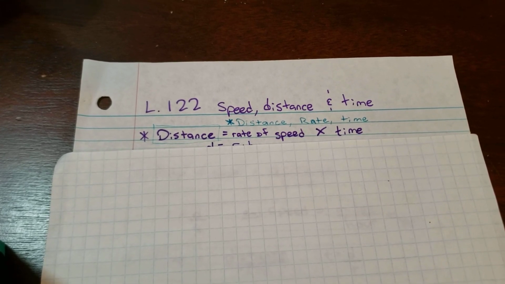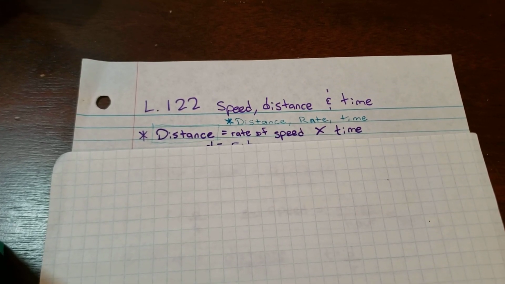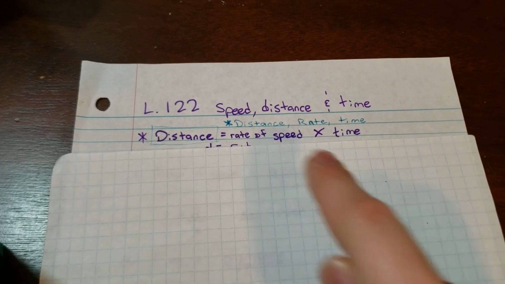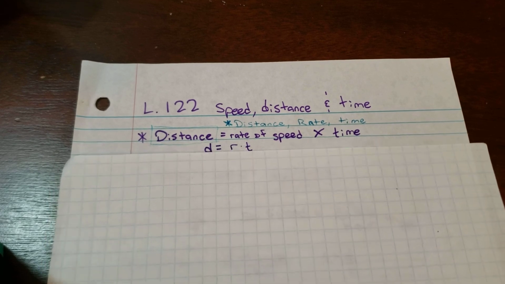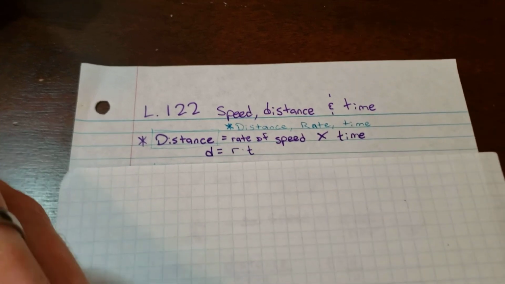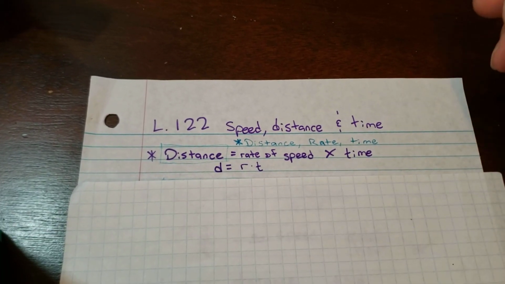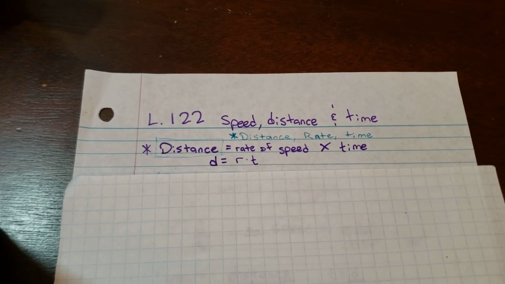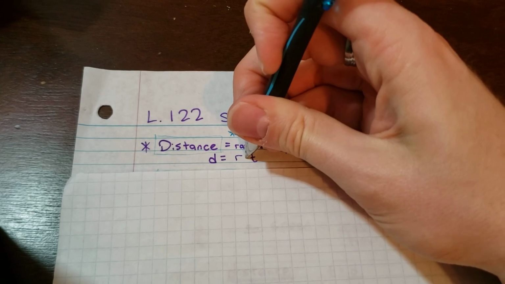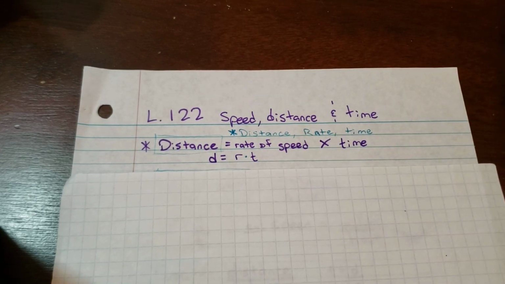So if you go 50 miles an hour for 10 hours, 50 times 10 is going to be 500 miles. So this looks like D equals R times T. That's a little multiplication thing: distance equals rate times time, okay?